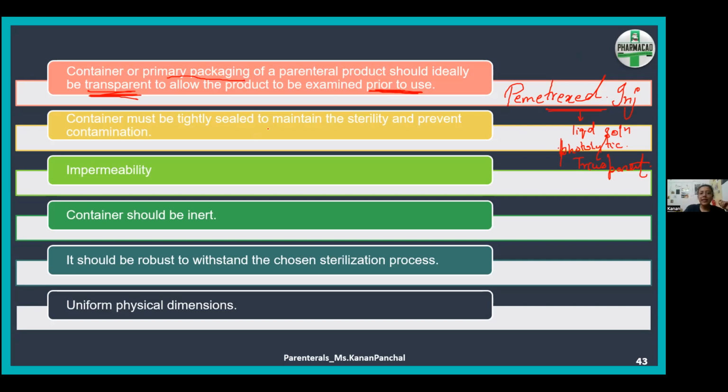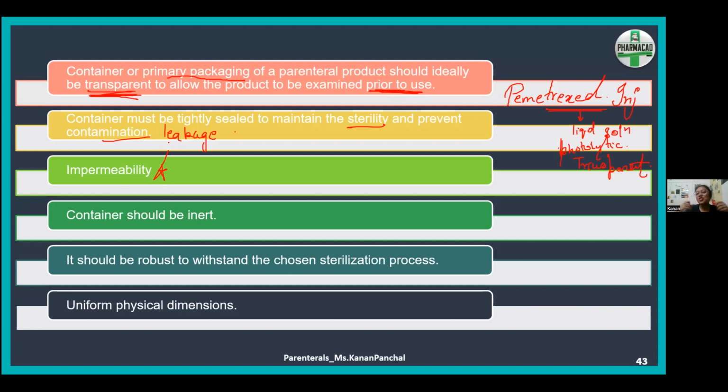Then container must be tightly sealed to maintain sterility and prevent contamination, also leakage. Okay, so this is obvious. Impermeability. Your containers must be impermeable. बाहर से भी कुछ अंदर नहीं जाना चाहिए, अंदर से भी कुछ बाहर नहीं जाना चाहिए. Okay, they must be impermeable. And वो खुद भी कुछ रिलीज नहीं करना चाहिए.